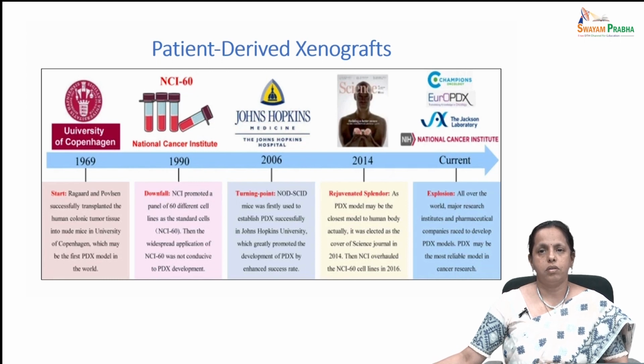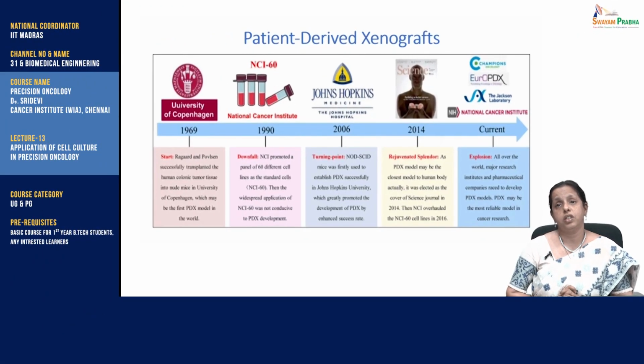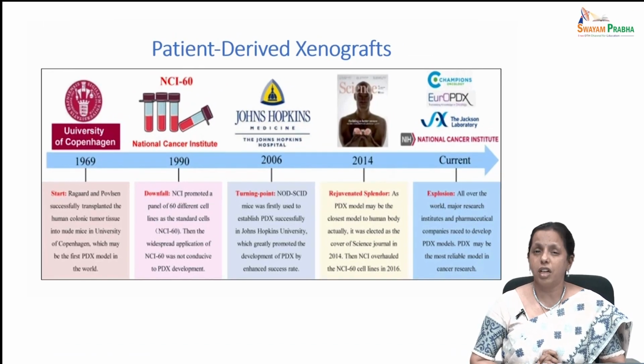So now many pharma companies, research labs and institutes are racing to develop PDX models, as they are the perfect model for evaluating anti-cancer drug treatment. These mouse models are very important because they represent the whole tumor, and the toxicity or effect of an anti-cancer drug on a mouse with that particular tumor type is very personalized, or patient specific.